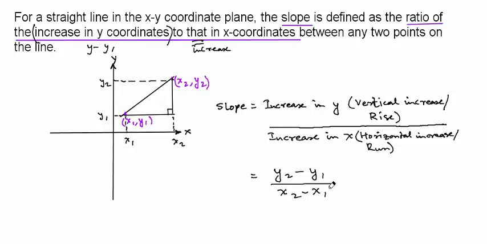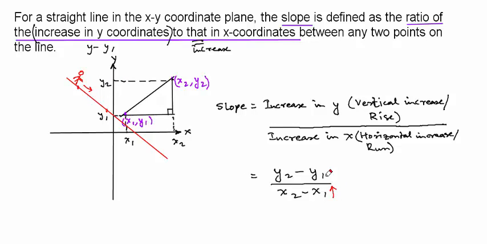A few questions to answer though. What is the slope of a straight line that goes the other way, like this? Now if you pick any 2 points on the straight line, doesn't matter which 2 points, I'm going to pick this one and let's say this one. If I imagine this to be a hill and this is where I'm standing going this way, I can see that as x increases, so I'm moving in the positive x direction, the value of y decreases.